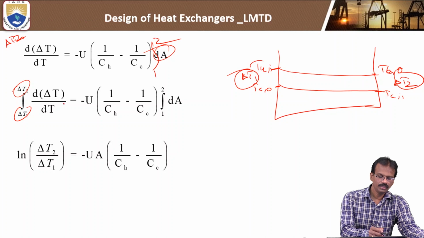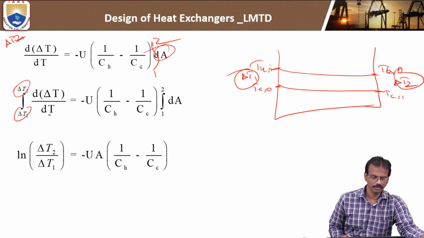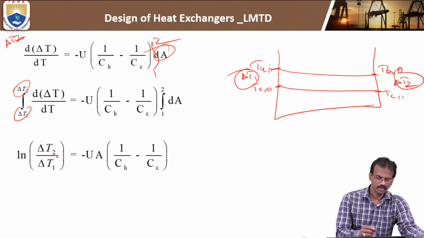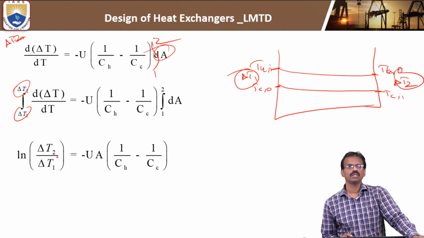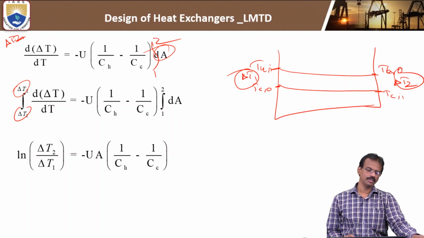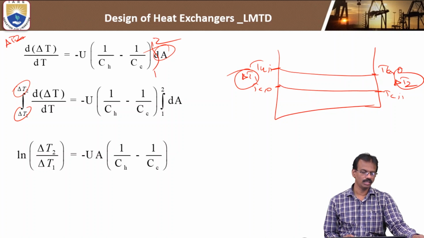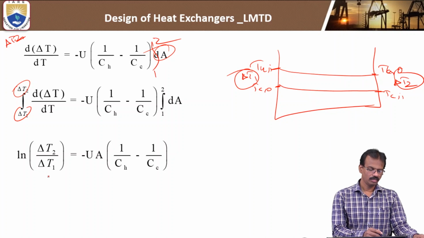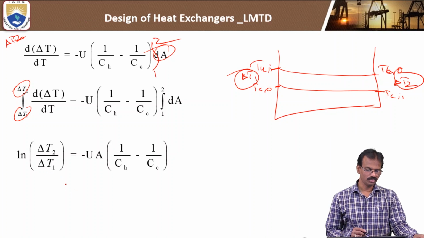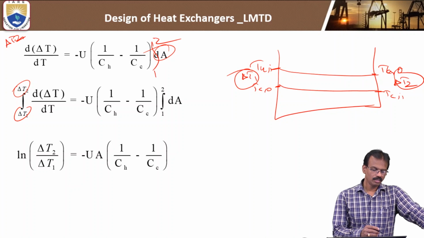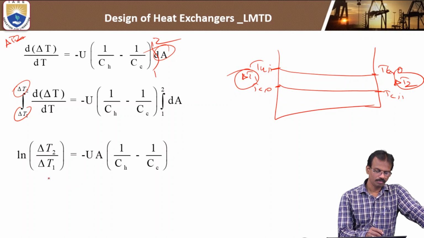Then if you integrate delta T by dt in both directions, we will get delta T. If you apply the limits, delta T2 minus delta T1, so log A minus log B is equal to log A by B. You can write like this one: ln delta T2 by delta T1.